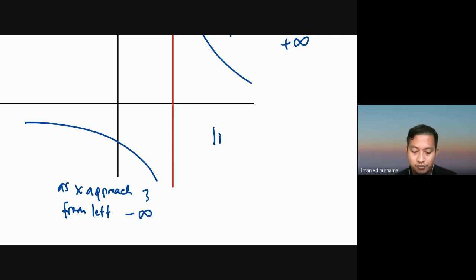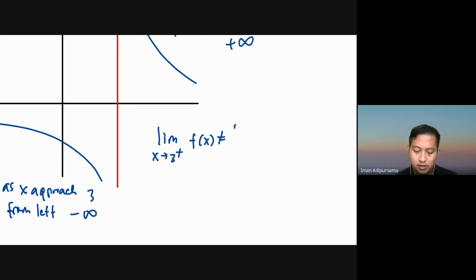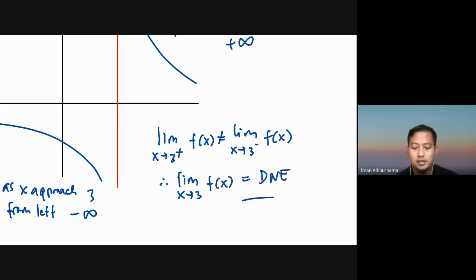And because of this, it's not the same, so the limit doesn't exist. Okay, the limit doesn't exist, but it has the asymptote.